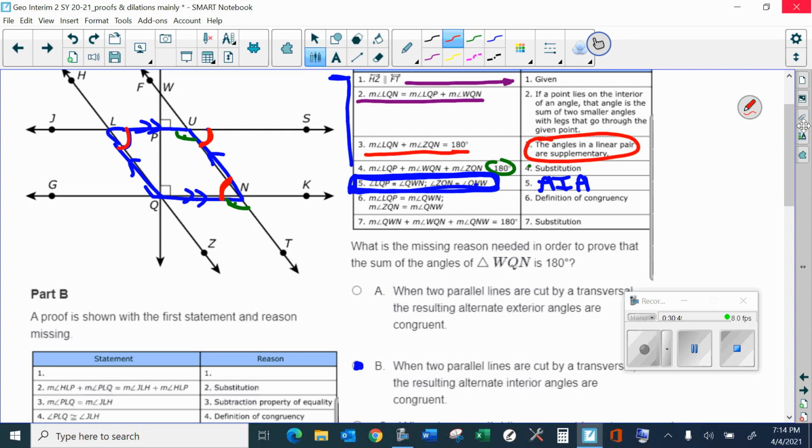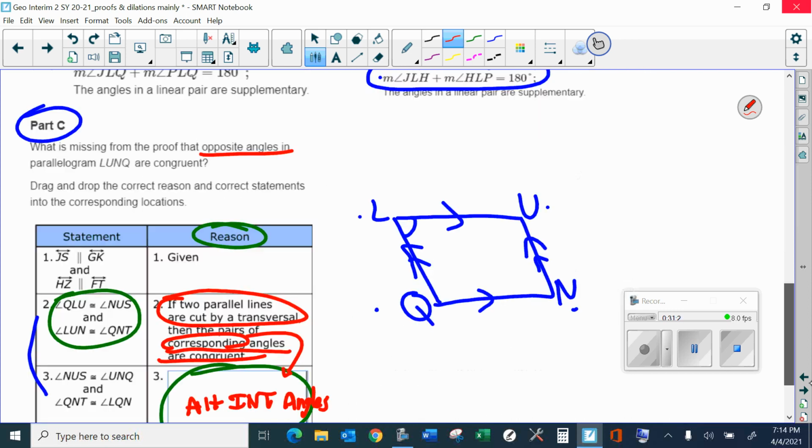So now, look at it: if A is congruent to B and B is congruent to C, then A is congruent to C by transitive property. Remember that rule? Transitive property, I told you to memorize, is one of the main justifications in a proof. I'm just going to simplify down: angle A is congruent to angle B, B is congruent to C, therefore A is congruent to C by transitive property. And that would be my answer right here.